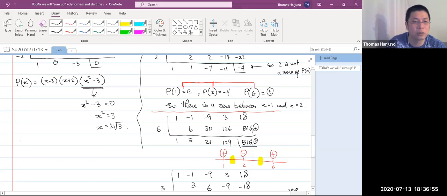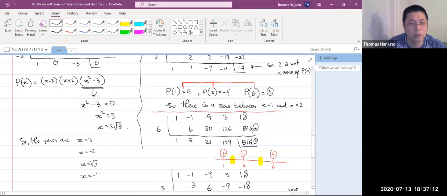Okay, so the zeros are x equals 3, x equals negative 2, x equals radical 3, x equals negative radical 3. Each one of them with multiplicity of 1. Or you can simply say m equals 1. I will understand.